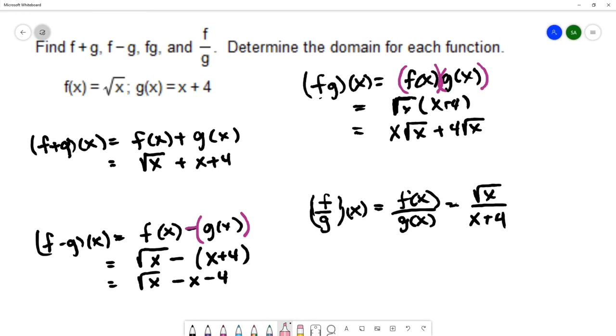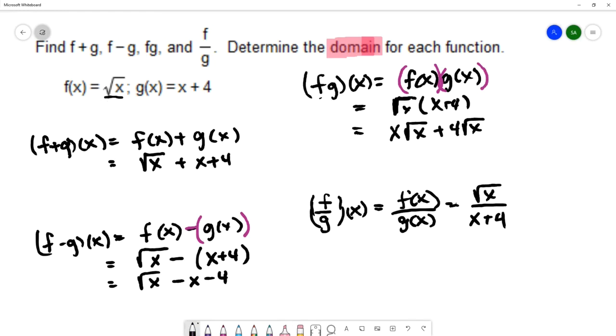We don't want to forget about this second part when we're finding the domain. When we find the domain of combined functions, you have to consider the domain of the individual functions. So we used square root of x to create it. The domain of square root of x is going to be x needs to be greater than or equal to 0, because the square root of negative numbers would give you imaginary numbers.